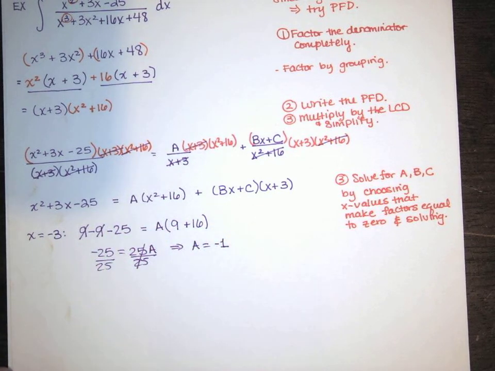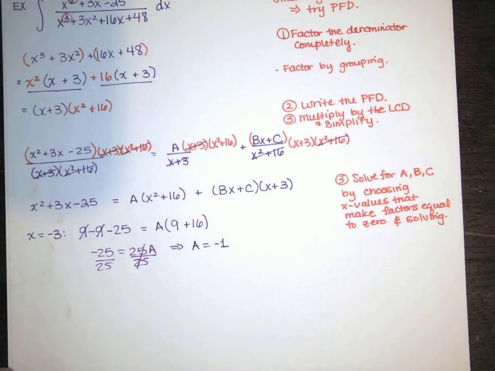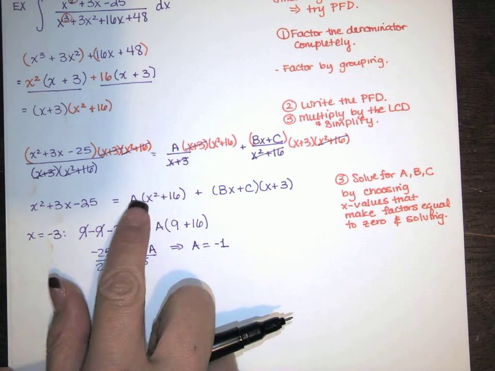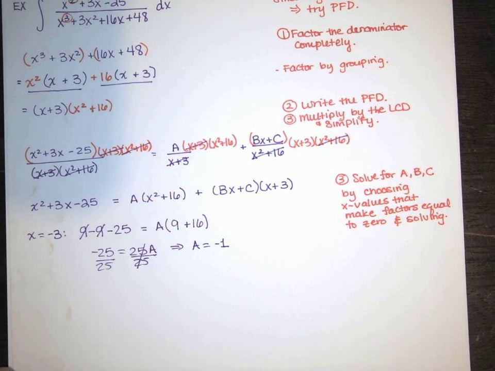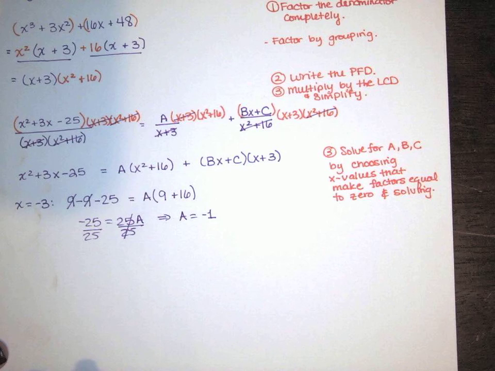Very nice. All right. So now I just need to find b and c. Now I could let x equal plus or minus 4i, but I don't really want to do that. So we're going to try a different method. Here's the idea.